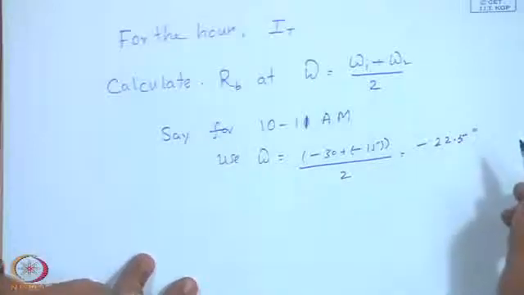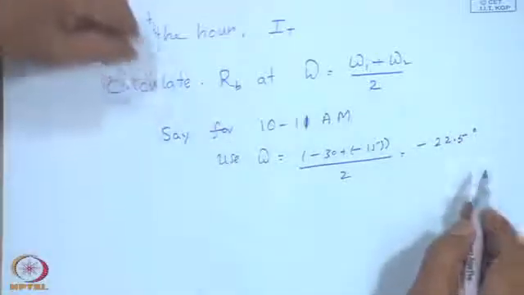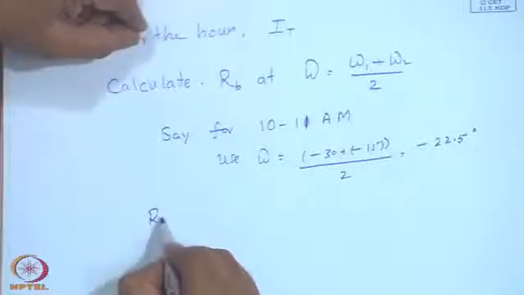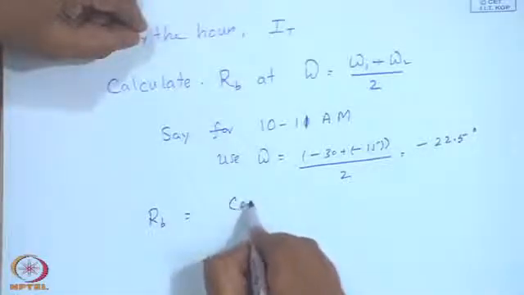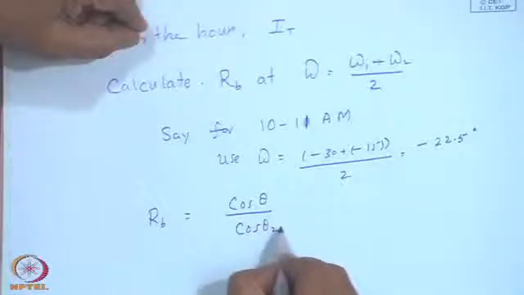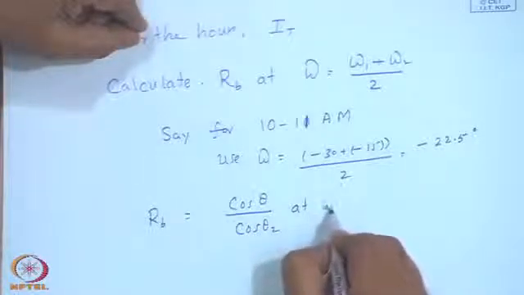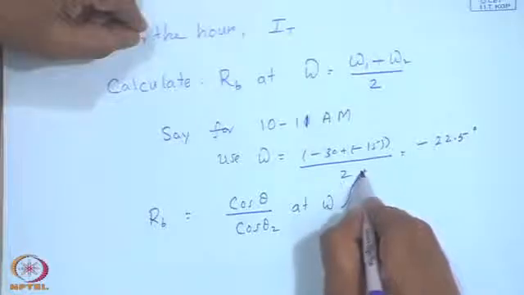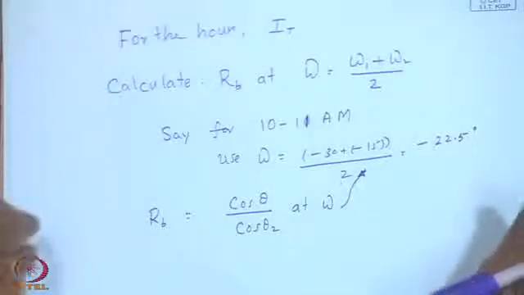Correct, and calculate your R B, which in general is simply cos theta by cos theta z at this omega given by omega 1 plus omega 2 by 2.